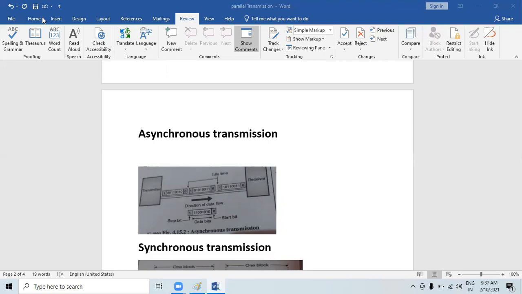In asynchronous transmission, the transmitter can send a data byte at any instance of time. Only one byte is sent at a time, and after sending one byte the next byte can be sent after an arbitrary time delay, as we can see in this figure.